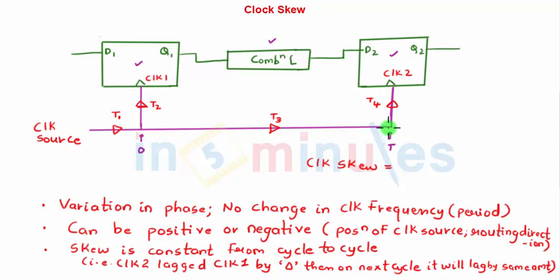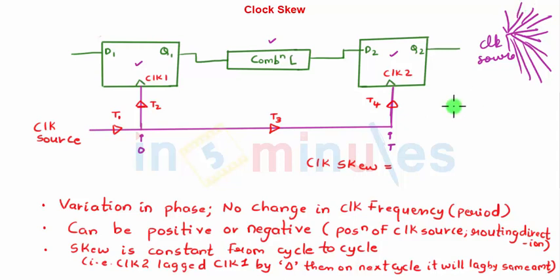In a practical scenario, this clock source needs to drive, or the clock needs to go to, a lot of blocks. We know that there are millions of transistors on an IC, right? So there are a lot of blocks where this clock needs to go. And hence we know that repeaters or buffers are added in the path to restore the signal strength, and also that if we break the wire or the interconnect by adding repeaters, suppose this was my interconnect of 100 meters, then my delay would be 100 square.